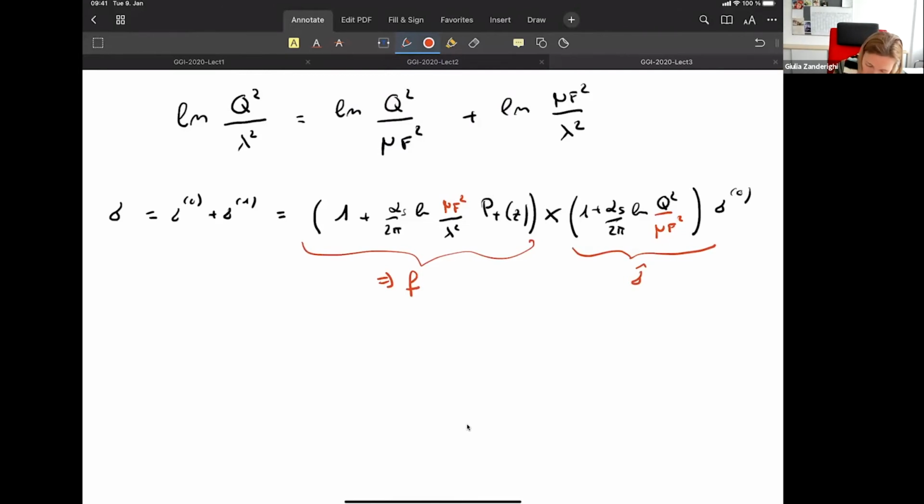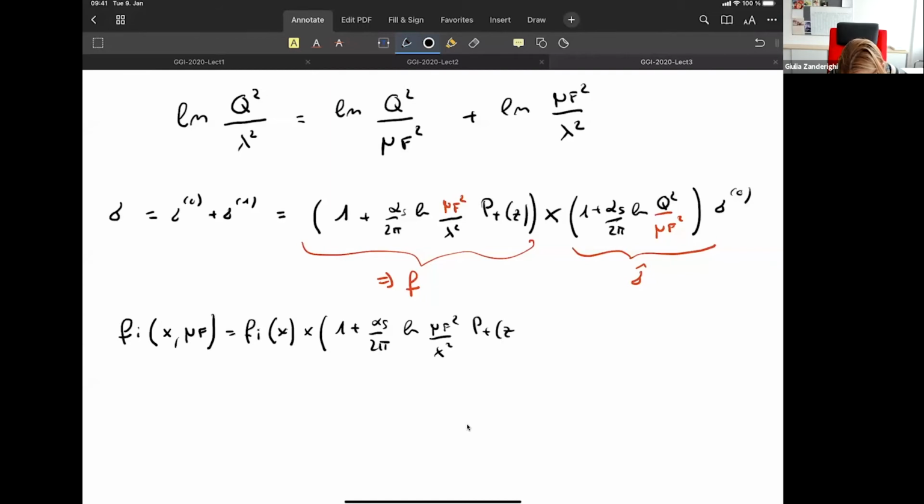In the same way as the coupling was redefined, you define f of x, now mu f, now you see this depends explicitly, as somehow your bare or without collinear divergences function, 1 plus alpha s over 2 pi, then mu f squared over lambda squared.